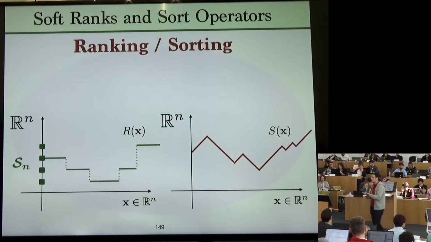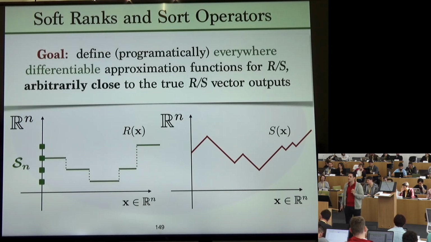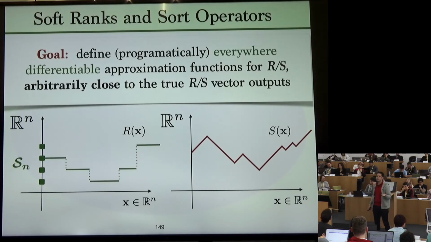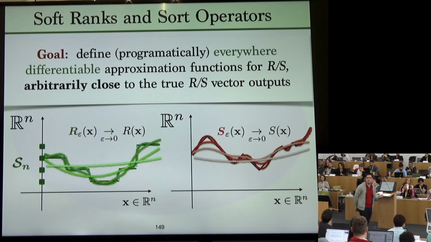What we try to do is a more direct approach, where we directly propose a rank operator and a sort operator which are programmatically differentiable everywhere. They are approximations of sorting and ranking, arbitrarily close to the true ranking and sorting vector outputs. This is more or less the goal.